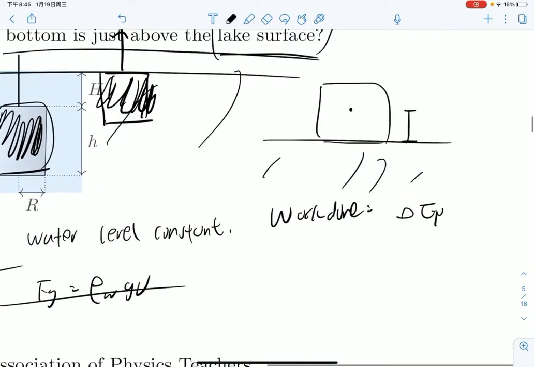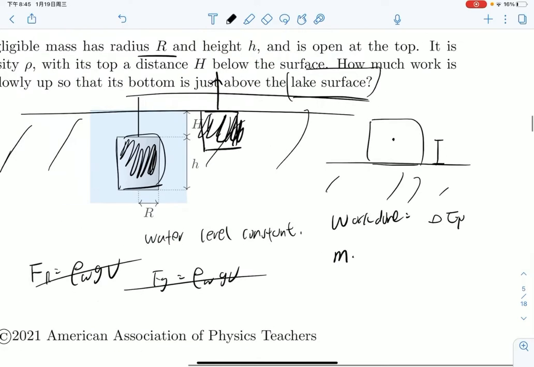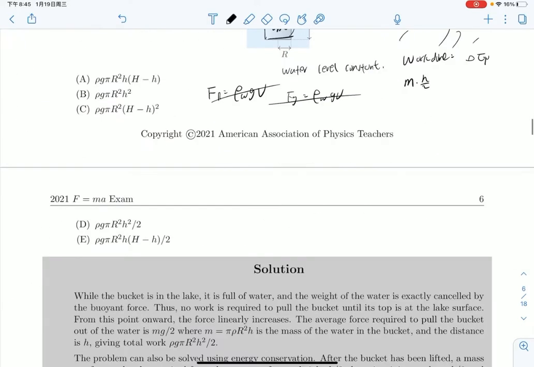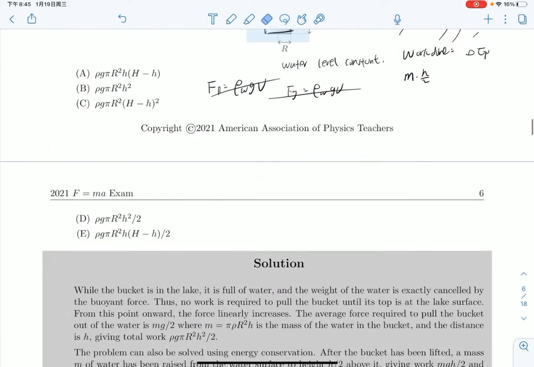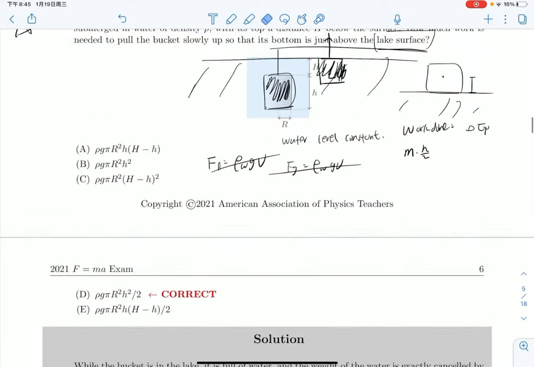That is the mass times the height, which is h divided by 2. So I think that is C, right? Yeah. If you plug in m is equal to rho V, where V is equal to pi r squared times h.